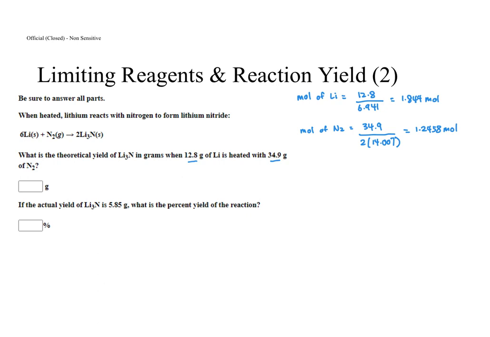So now that we have the number of moles of lithium and nitrogen, let's compare them to the moles in the chemical equation. So in the chemical equation, we see that 6 moles of lithium reacts with 1 mole of nitrogen. So the mole ratio is 6:1. So let's write that out. 6 moles of lithium reacts with 1 mole of nitrogen.